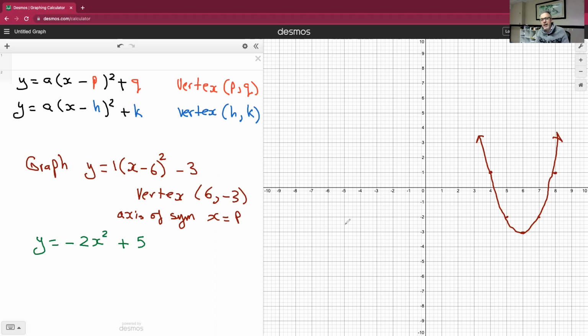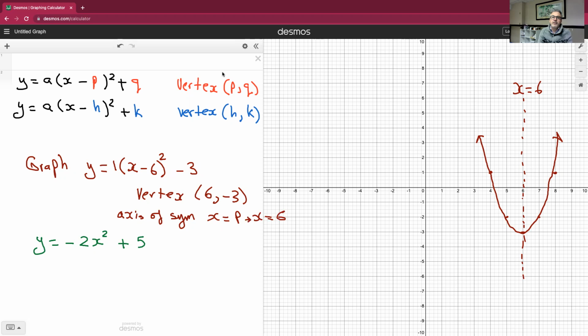But as a matter of fact, once you graph it, you could just put a dotted line there, and that's what we call the axis of symmetry. It's a dotted vertical line that goes through the vertex. And if you look at it, this line goes through 6, so it's x equals 6. So from here, p is 6, so therefore x equals 6, and that's what the axis of symmetry is.